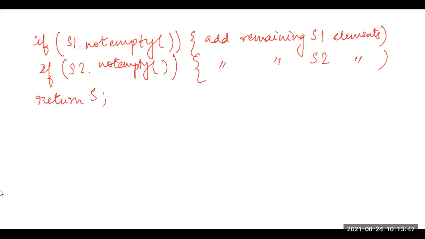So finally, the merged sorted array will be returned to the person who wants to execute this algorithm. So this is all about the merge sort algorithm, how the merging algorithm is done, and how the merge sort concept is executed.